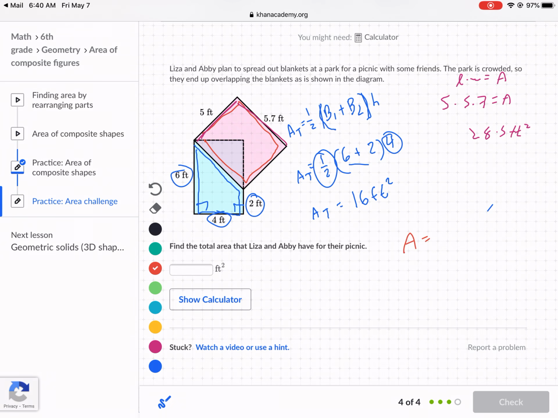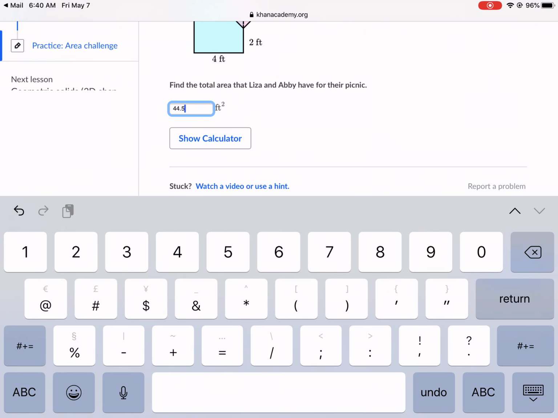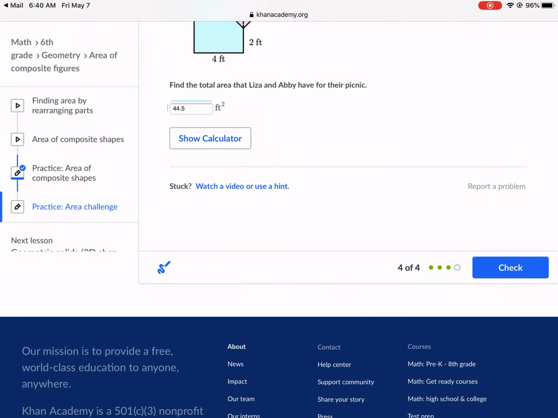So we have A equals 16 plus 28.5. Plus 16, I have it stored in my calculator, 44.5 is what we get, 44.5, and now we know our total picnic coverage, in case you ever want to calculate that yourself.